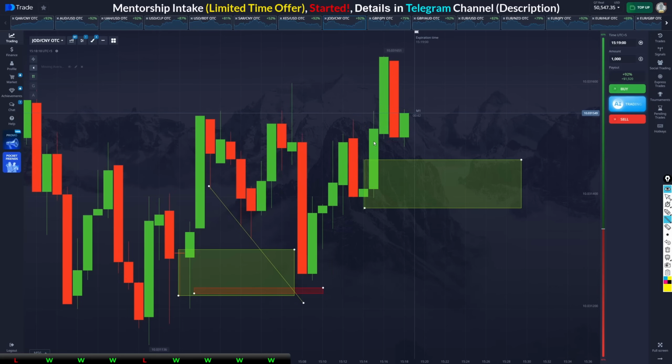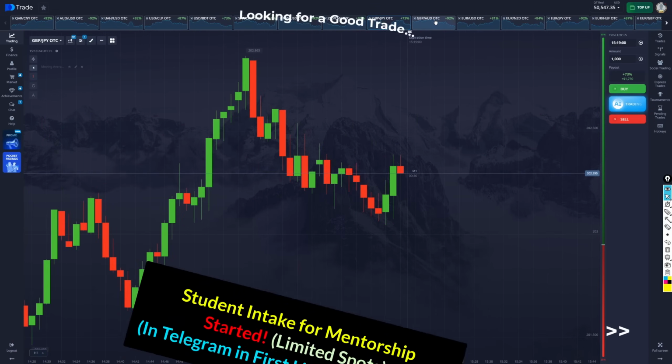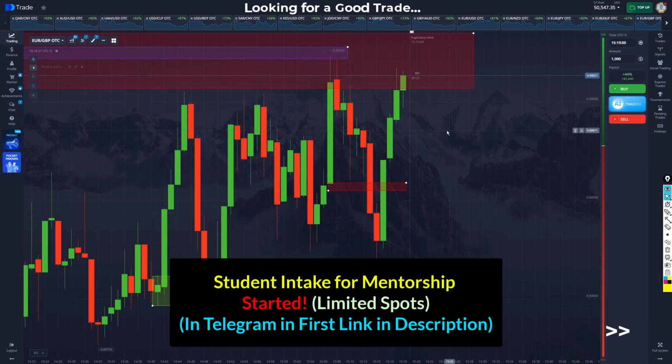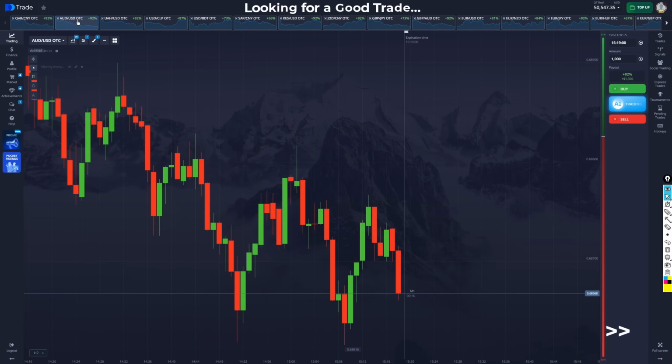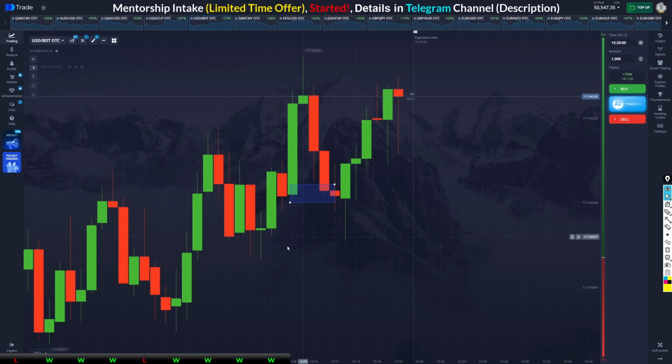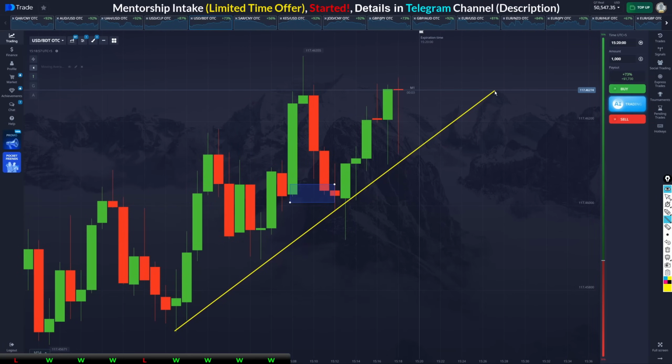This would be nice because we have market sequence of having single red candles. Alright, I think we'll find an entry. Common point of rejection.